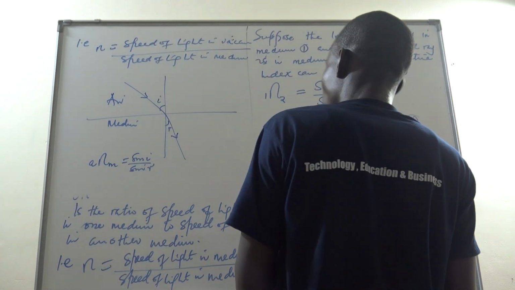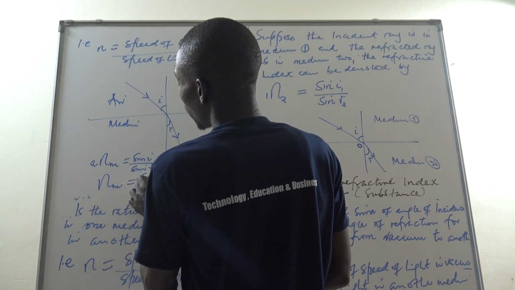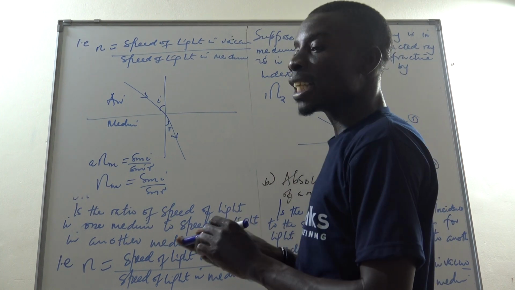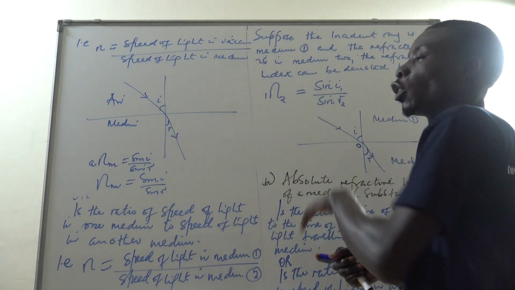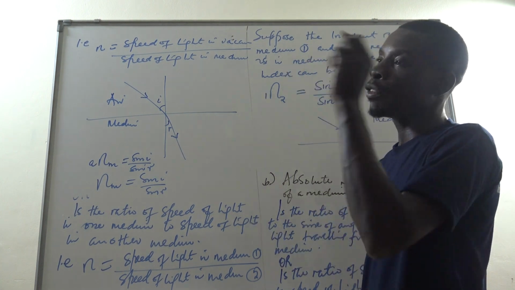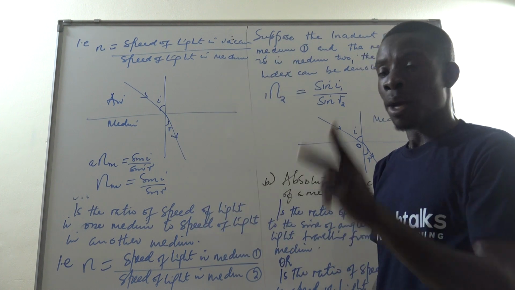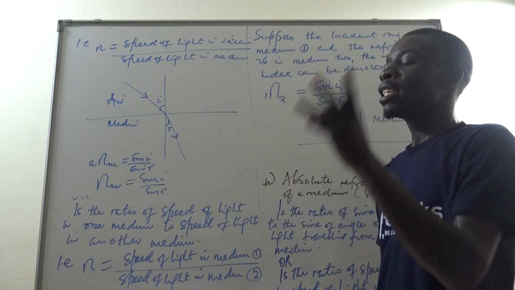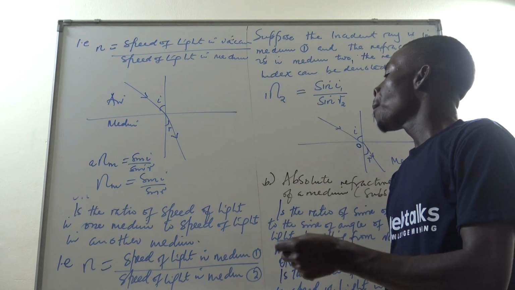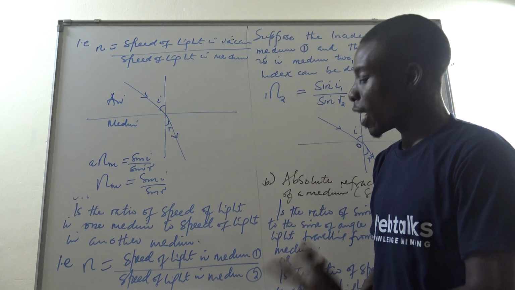But because we know refractive index of air is 1, we just say refractive index of the medium is sine i over sine r. But the whole point here is that when we're talking about absolute, the first media should be vacuum. But if we are talking about relative, it can be any media to another media. Please get the difference. If it is relative, it should be from any media to another. But if it is absolute, strictly the first media should be vacuum.